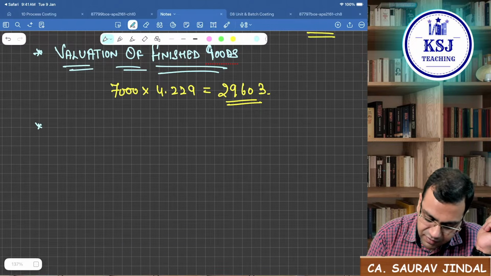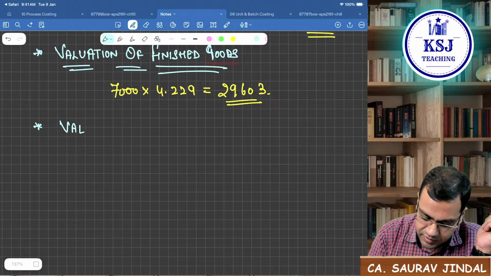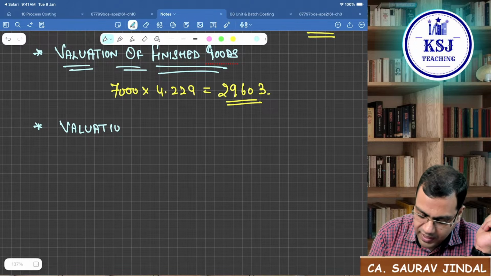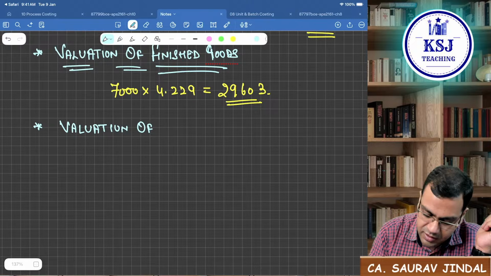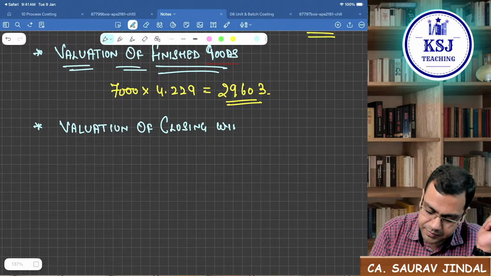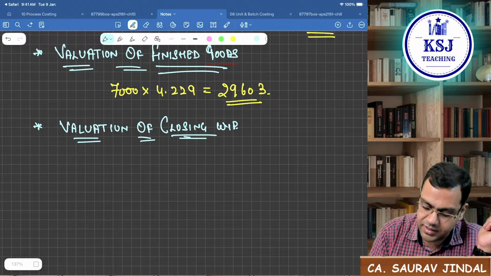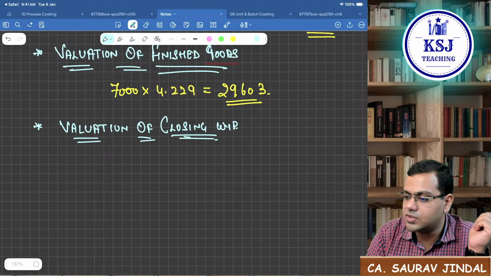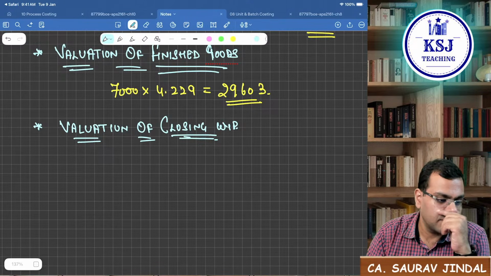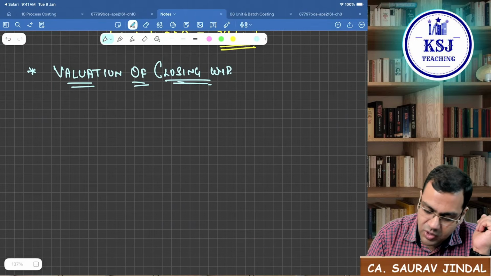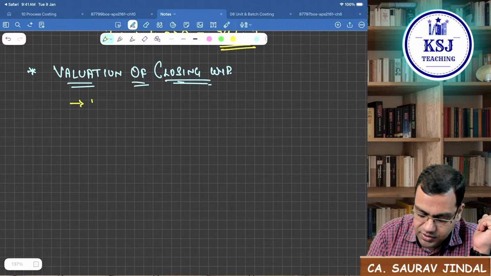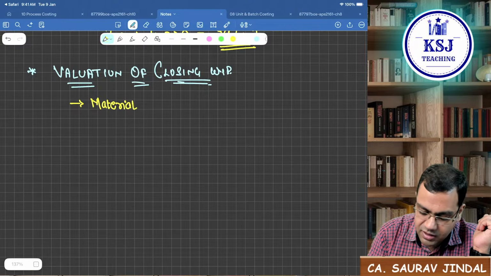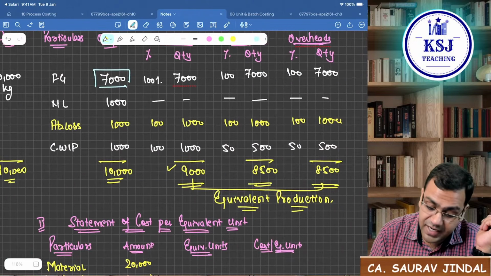Next we will do valuation of closing WIP. Now this closing WIP we will categorize into three parts. Material cost. Now see, the material cost is incurred on how many equivalent units?